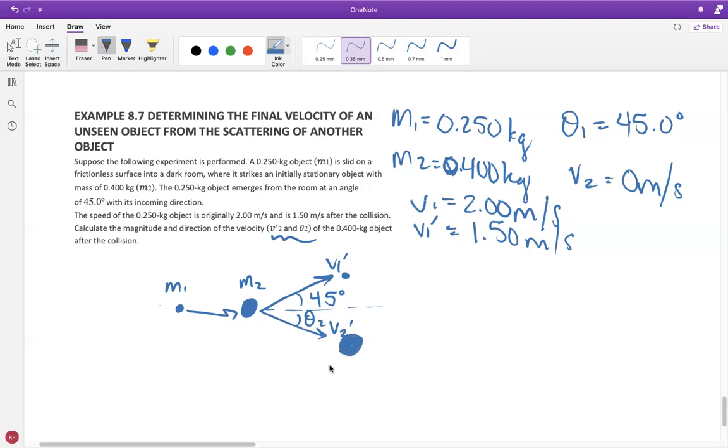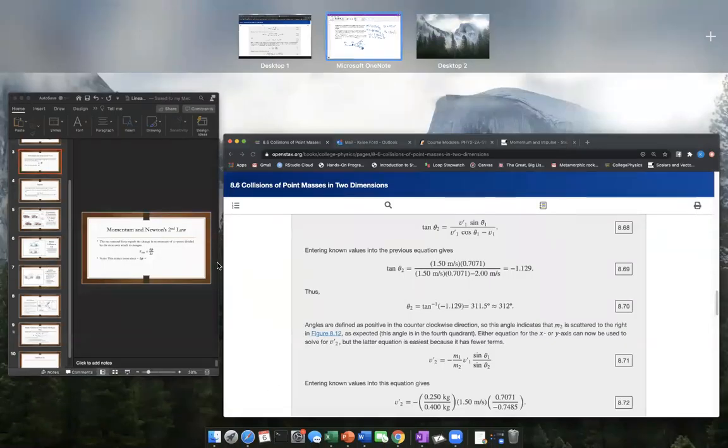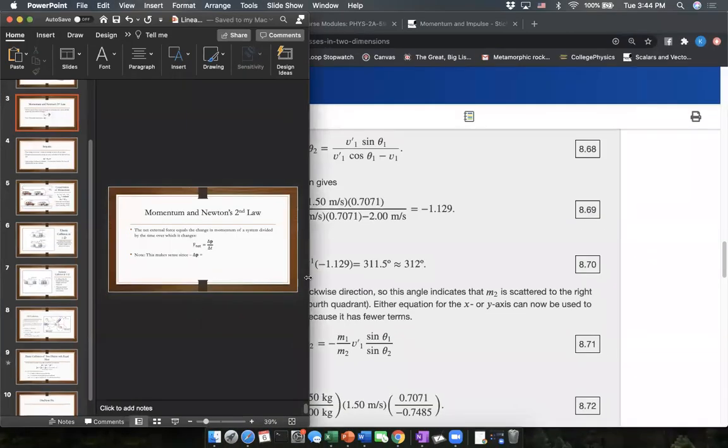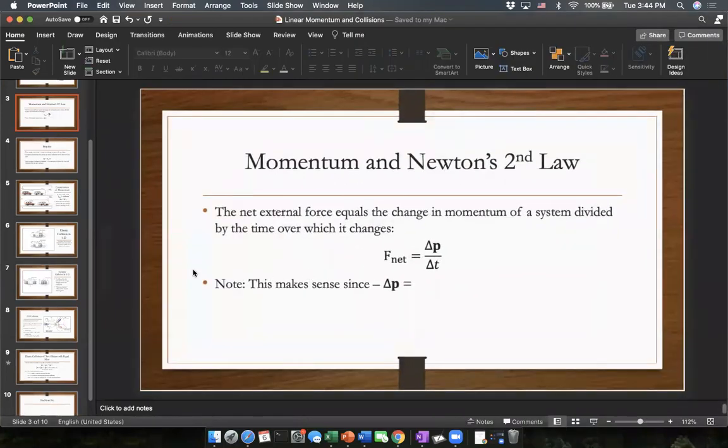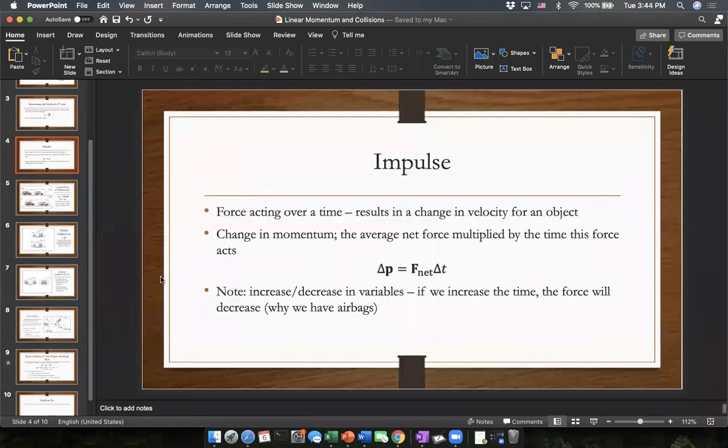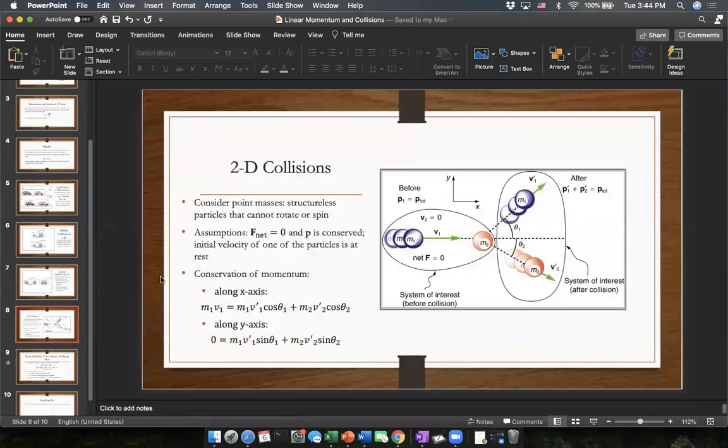So for this, we will need to use a few equations that we learned in our lecture. Let me pull up our lecture real quick. It's going to be our conservation of momentum equations in the x and the y axis.